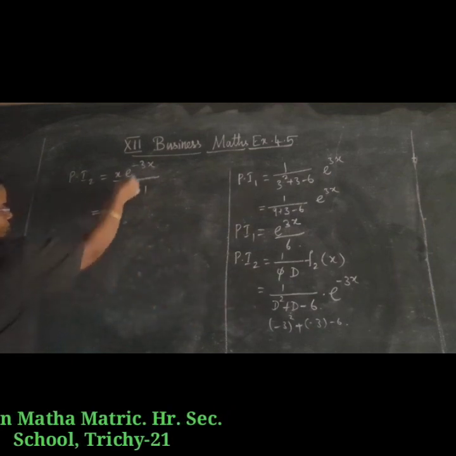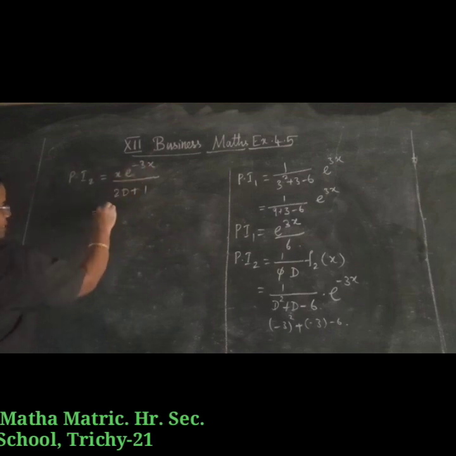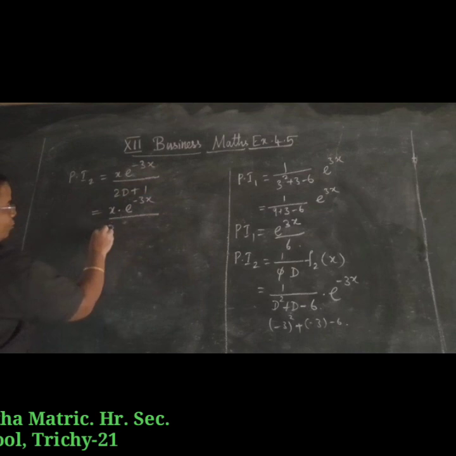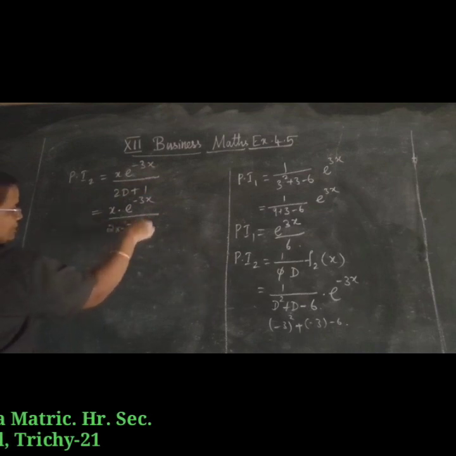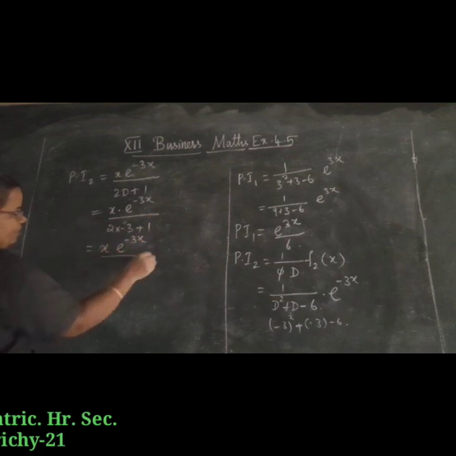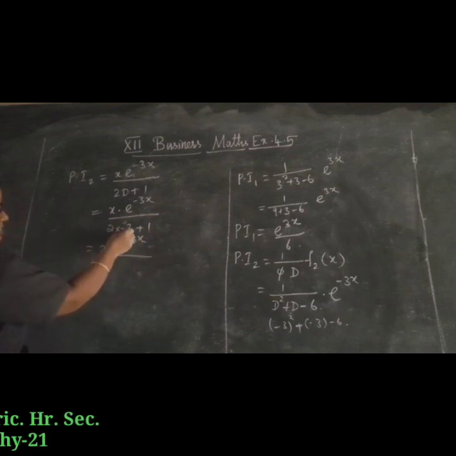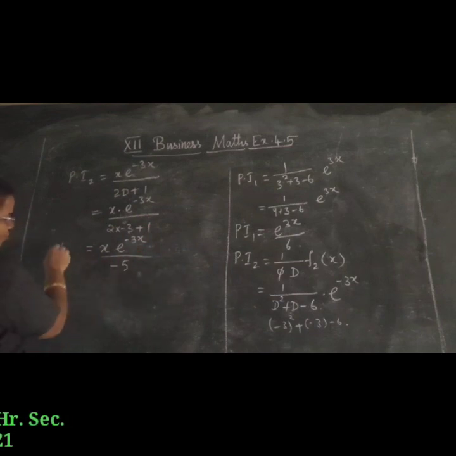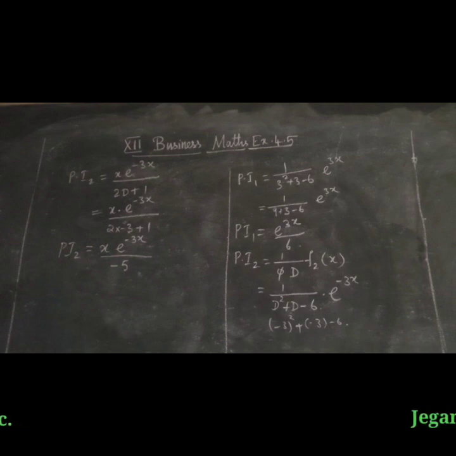So if the denominator comes 0, we have to differentiate. Now instead of D we substitute minus 3. So x into e power minus 3x divided by 2 into minus 3 plus 1, that is minus 6 plus 1, which is minus 5. So particular integral 2 is equal to x e power minus 3x divided by minus 5.